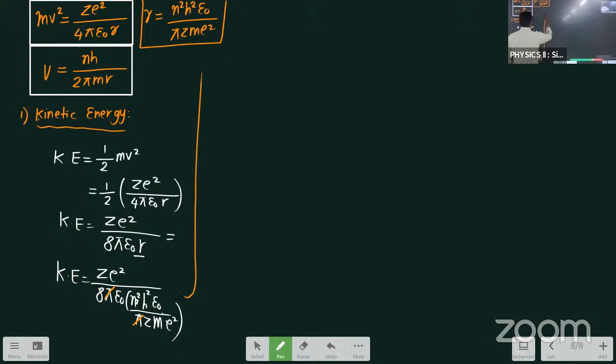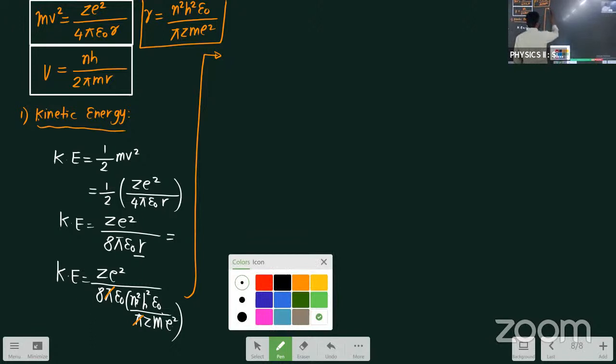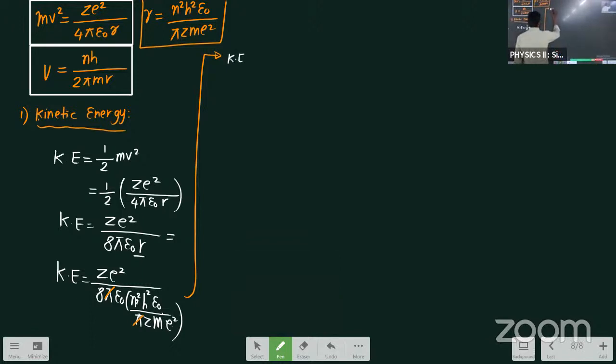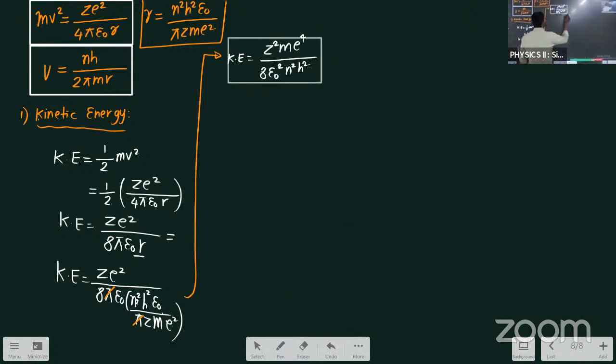So the final expression for kinetic energy is: kinetic energy is equal to z into z becomes z square, m, e square into e square becomes e power 4, divided by 8 epsilon naught square n square h square. So this is the expression for kinetic energy.